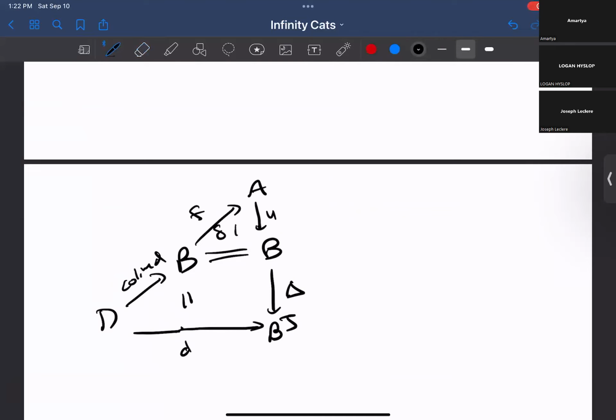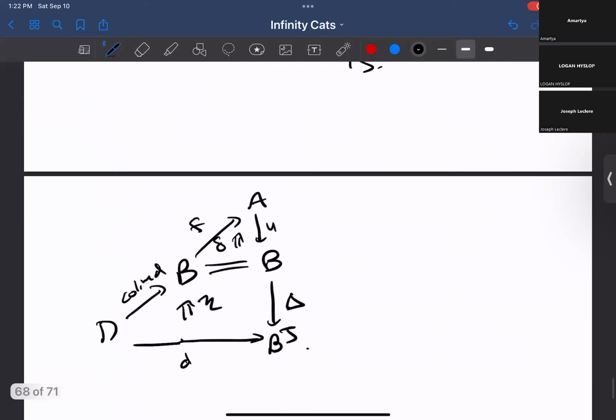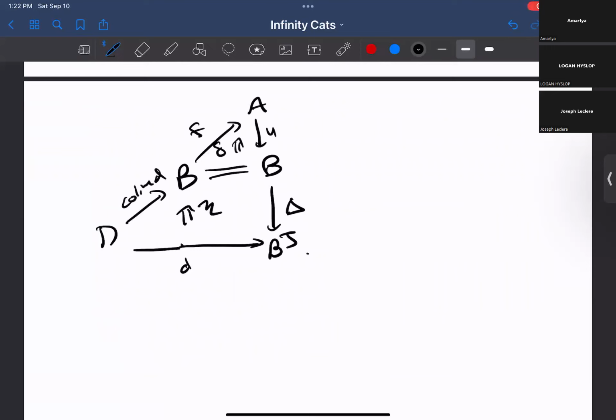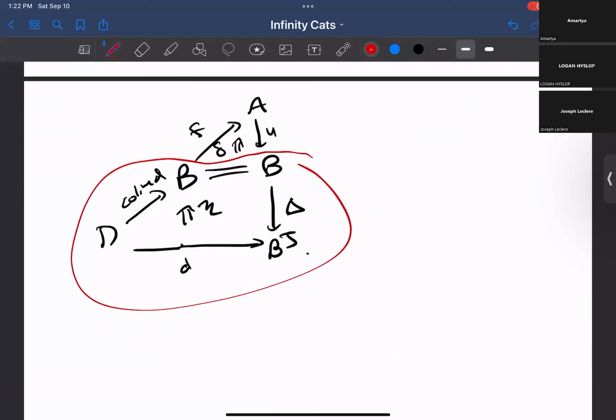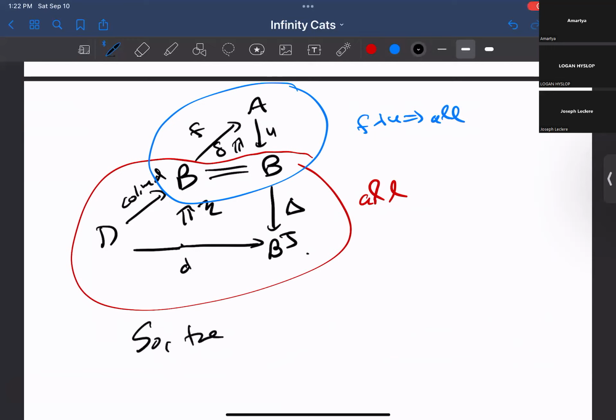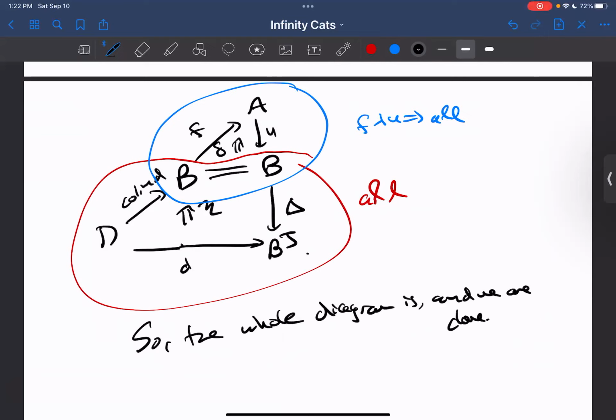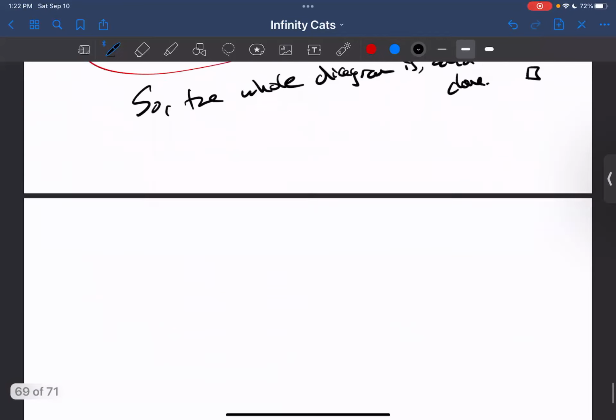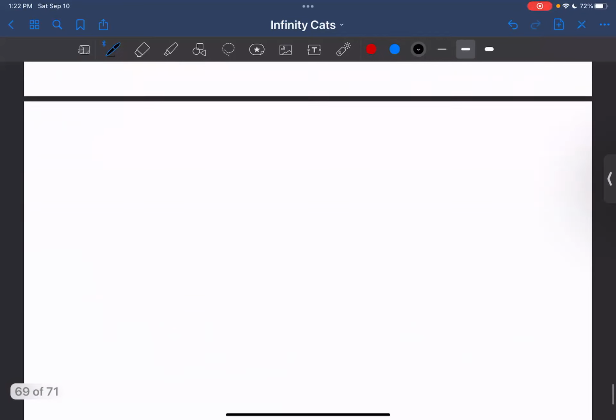This should be going the other way. So this is the same as that diagram there. And this down here, we already said by hypothesis was an absolute left lifting. And up here, since F is left adjoint to U, it implies it's an absolute left lifting. So the whole diagram is, and we're done. Any questions so far?